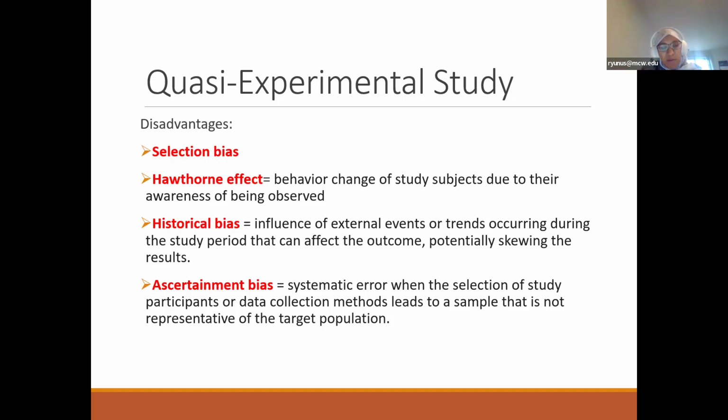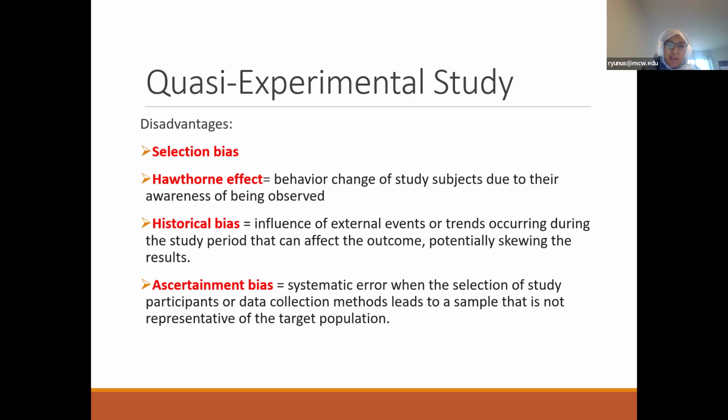There are two other types of biases, historical bias and ascertainment bias. So historical bias is the influence of external events or trends that occur during the study period that can affect the outcome, potentially skewing the results.